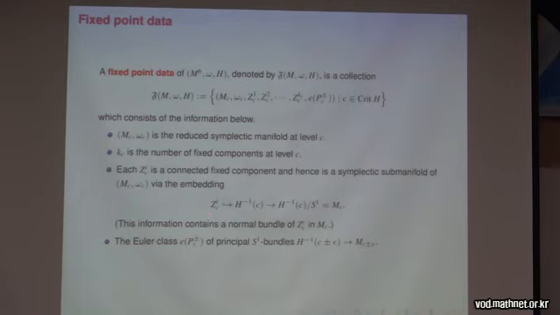And here e_C^± denotes the Euler class of the principal S1-bundle over some regular value near C. Okay. So this family of information is called the fixed point data.